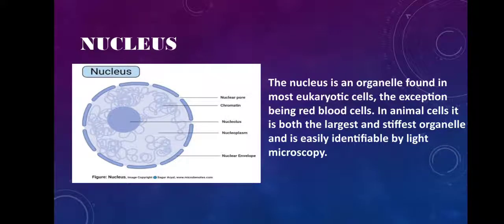The first one is the nucleus. The nucleus is an organelle found in most eukaryotic cells, the exception being red blood cells. In animal cells, it is both the largest and the stiffest organelle and is easily identifiable by light microscopy. The primary functions of the nucleus are to store the cell's DNA, maintain its integrity, and facilitate its transcription and replication.